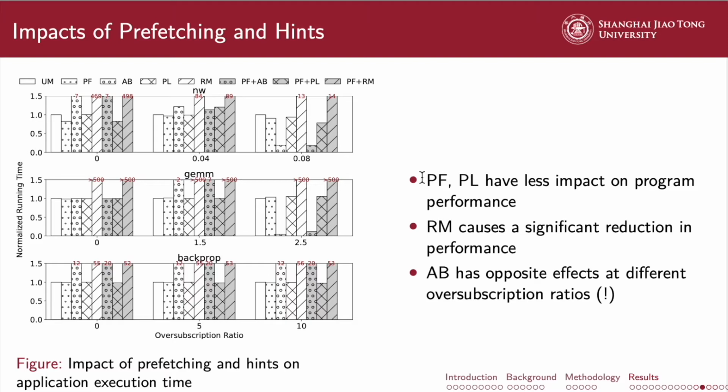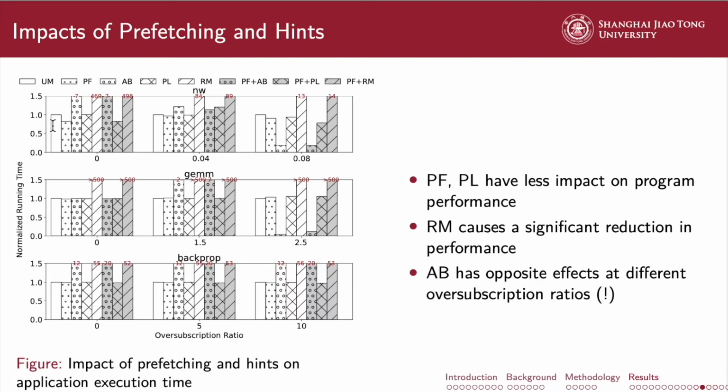Interestingly, we observed that AB had opposite effects when running below and above the launch ratio. When under the launch ratio, when AB is enabled, the execution time is much longer than vanilla UVM.